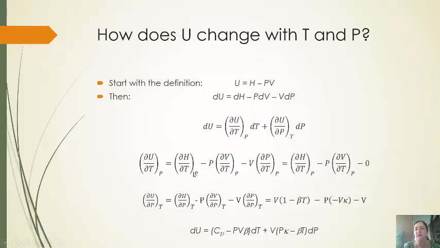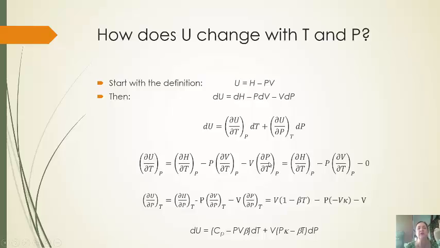So dH dT at constant pressure I've already derived, which is why I chose to work with this form right here. So dH dT at constant pressure minus P times dV dT at constant pressure minus V dP dT at constant pressure. Okay, so let's take a moment and think about this one, this grouping right here, V times dP dT at constant pressure.